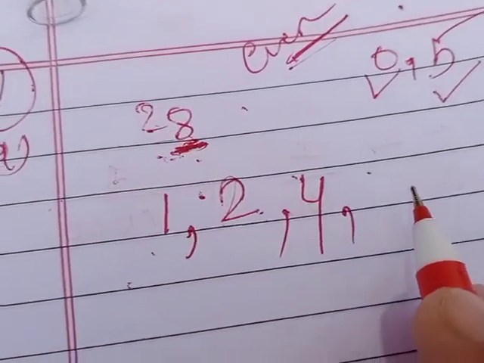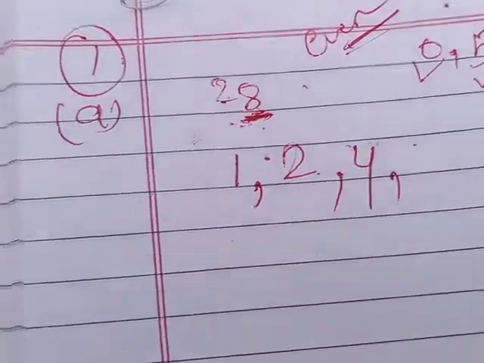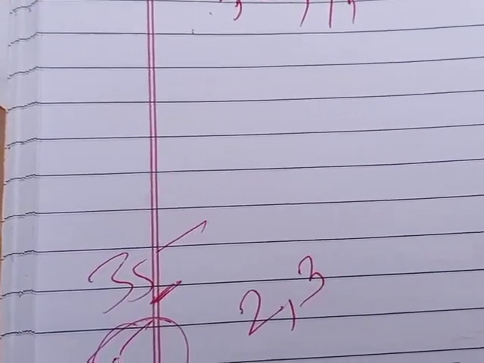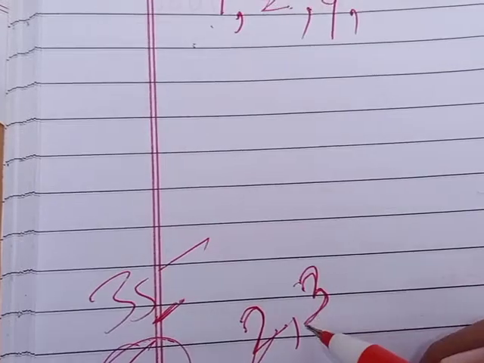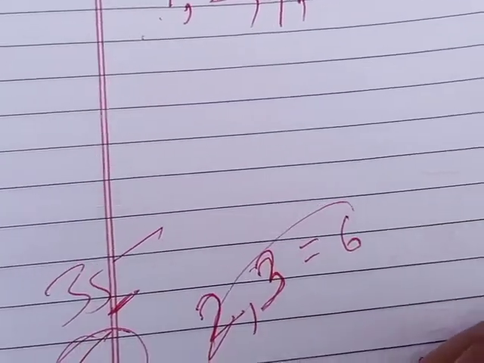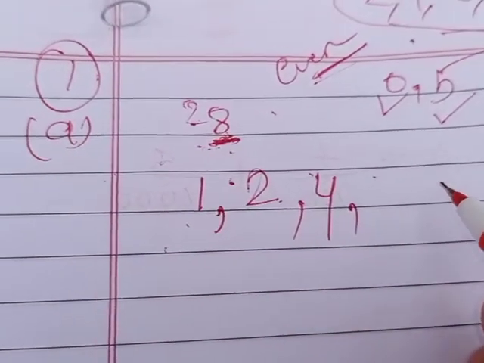That time 6 is not a factor. Any number whose factor is 2 also and 3 also, that time 6 will also be a factor. But when we have only 1, that time 6 will not be a factor.